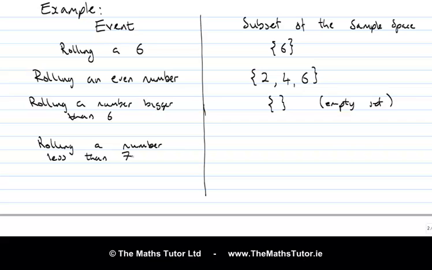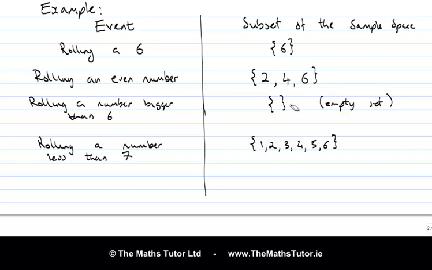Remember, the sample space has numbers 1, 2, 3, 4, 5, and 6 in it, and all of these are less than 7, so they're all in the subset. So this event here is the whole sample space. In the previous example, where we had rolling a number bigger than 6, the event was the empty set.